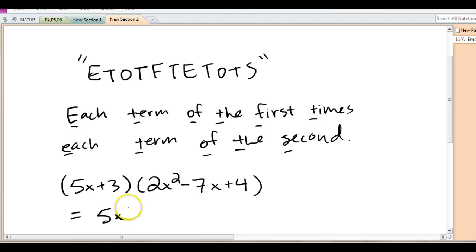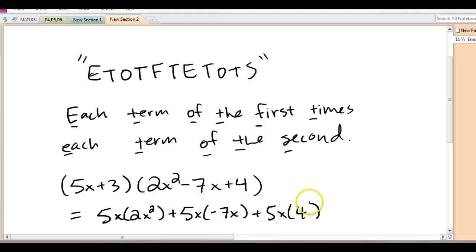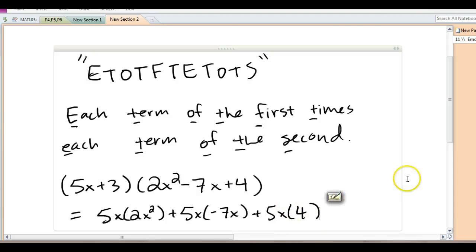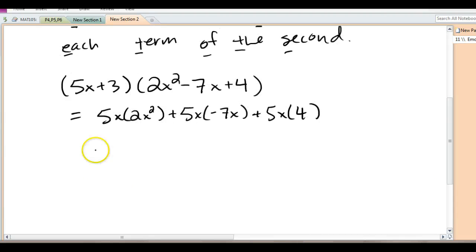So 5x times 2x squared plus 5x times minus 7x plus 5x times 4. And then we keep going, and we take the second term, the 3, and we multiply it by each term of the second polynomial.